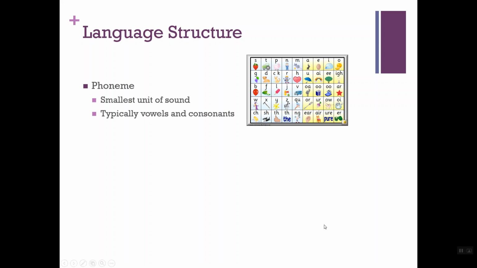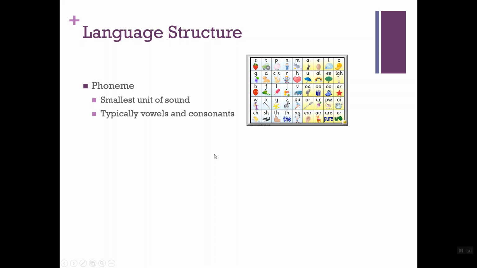So first off, we have phonemes, okay? This is just the smallest unit of sound in any given language. And in the English language, it's typically vowels and consonants. So things like on this chart, the s sound, the t sound, the p sound, these are phonemes, the smallest unit of sound.